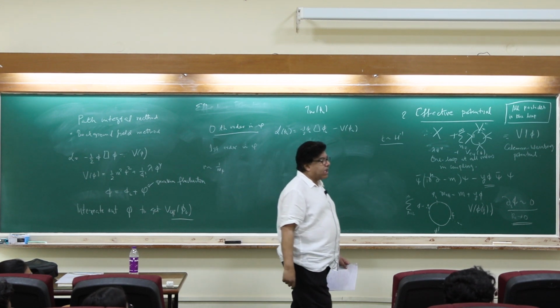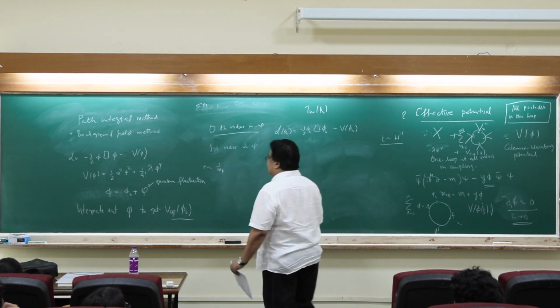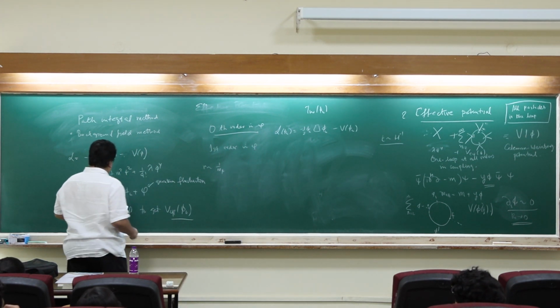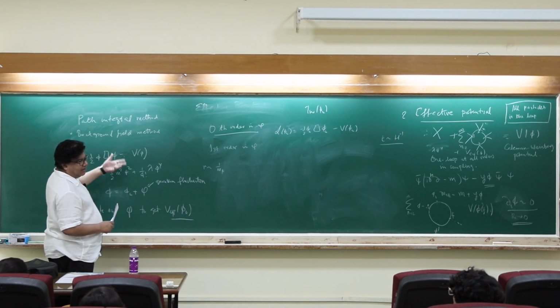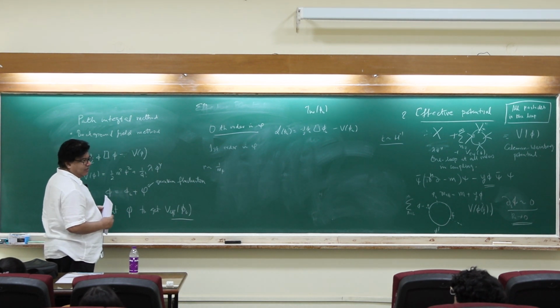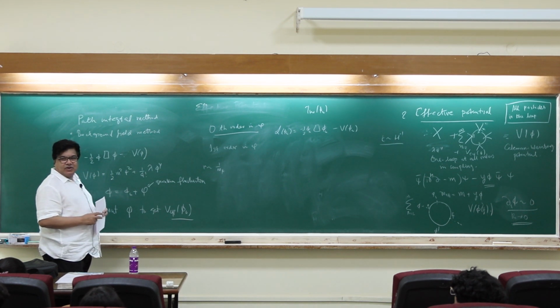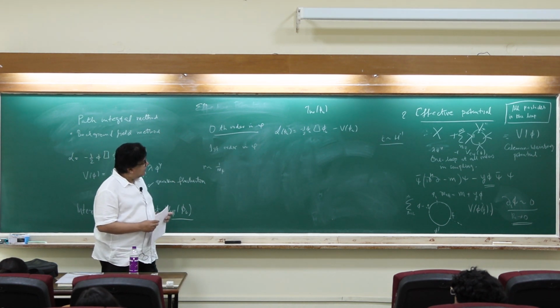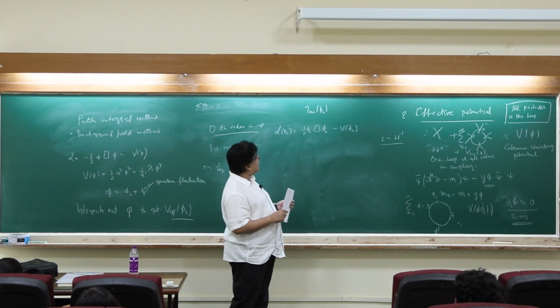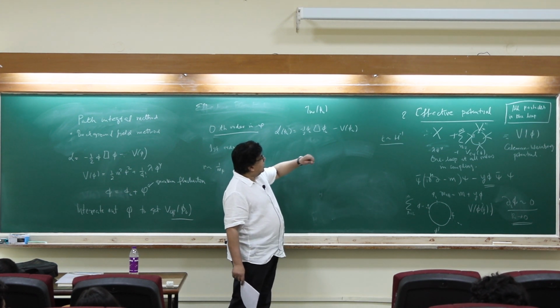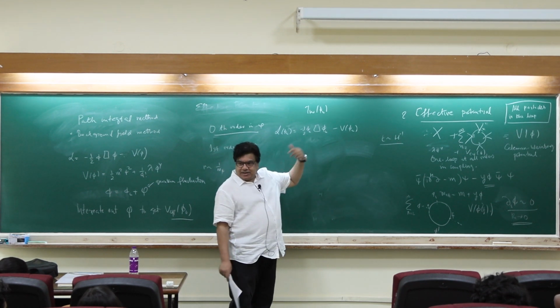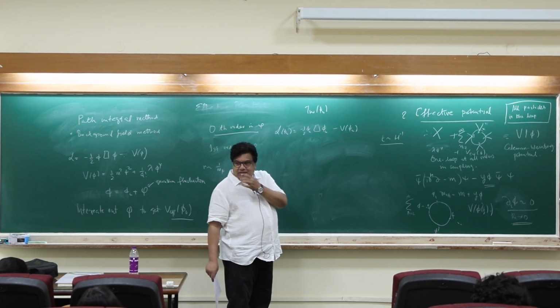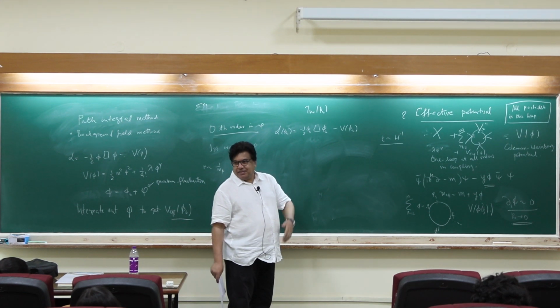He's asking why don't you take the curved space in this box if you are applying it to the early universe. So what we are saying is, if you have a truly curved space calculation, like for instance inflation, then you have to use the de Sitter metric as a background, because this is a strong curvature.